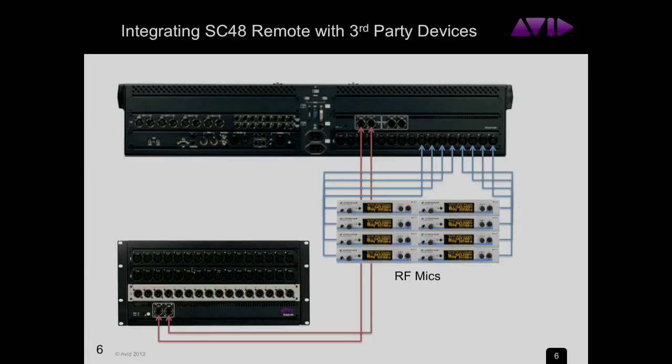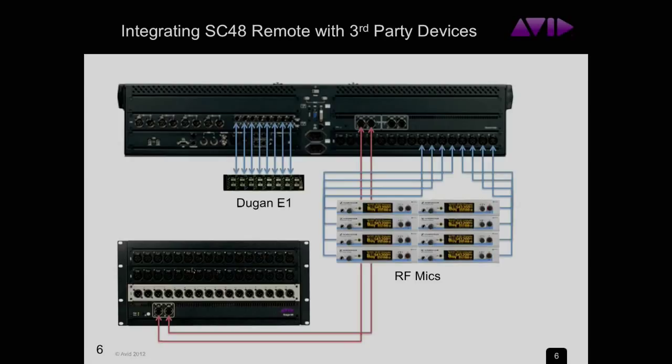In addition to that, another place that we might see this kind of setup sometimes is in corporate, or places like churches where we might have drama, et cetera, and a very popular device to use in that setting is a Dugan auto mixer. With that I/O16 installed in the console, we can easily integrate an 8-channel Dugan E1 into that area and do the auto mixing right there and still have all of our RF mics locally.